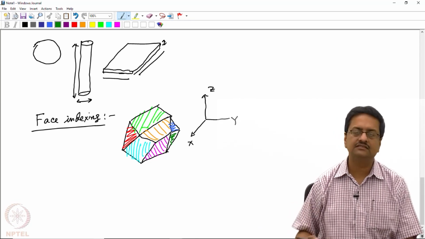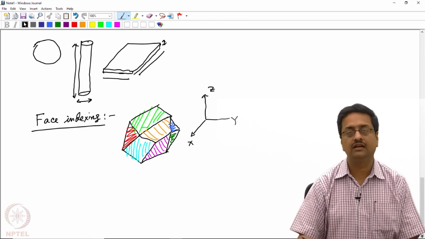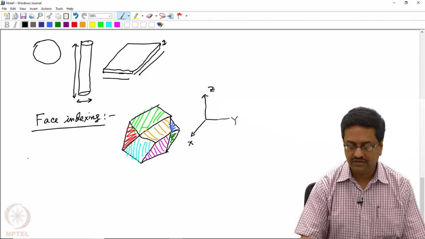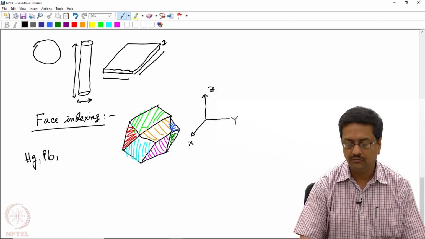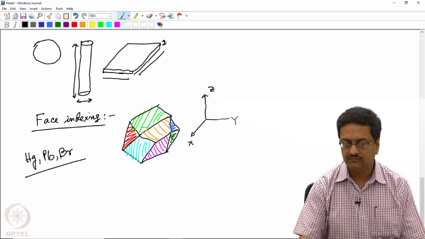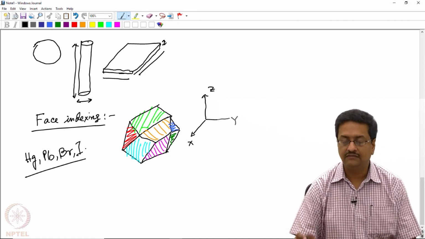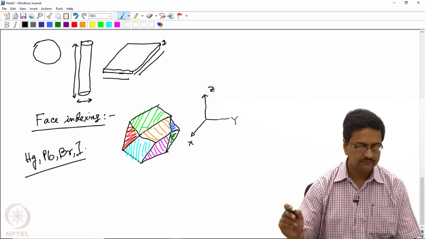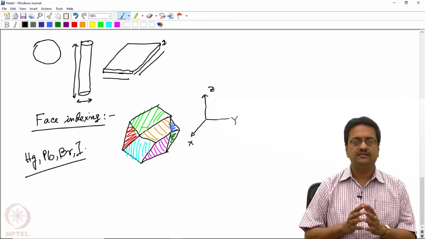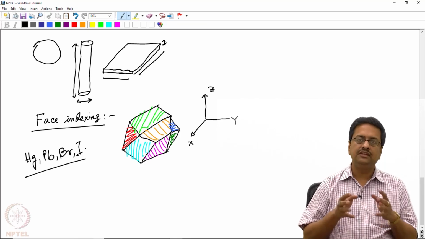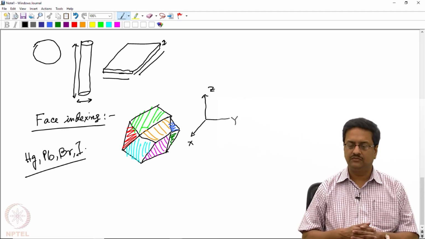So this type of correction is done very rarely, only if we encounter a situation where we have irregular shaped crystals having heavy elements like mercury, lead, bromine, iodine, etc., and also having large sized crystals. So the absorption correction is important, but it is minimized by using a lower wavelength source like a molybdenum source.